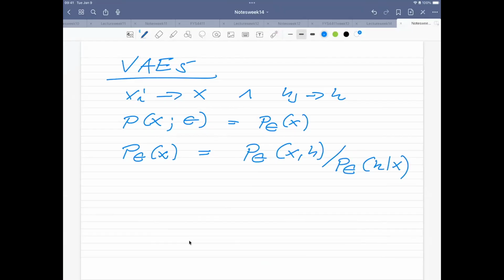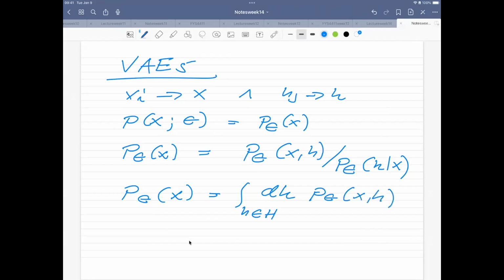And we know also that if we look at this p_theta of x for continuous variables, just for the sake of simplicity, you can easily replace that with a discrete probability distribution. So this is given by an integral over x and h.